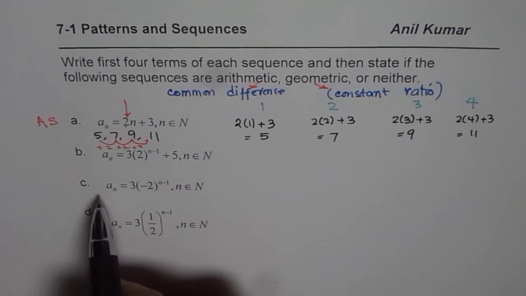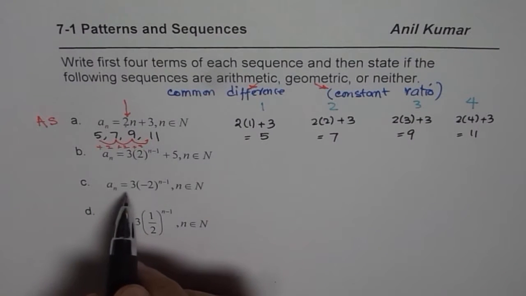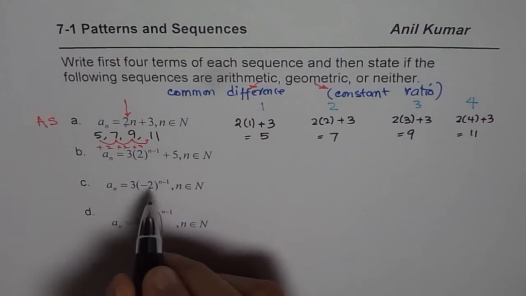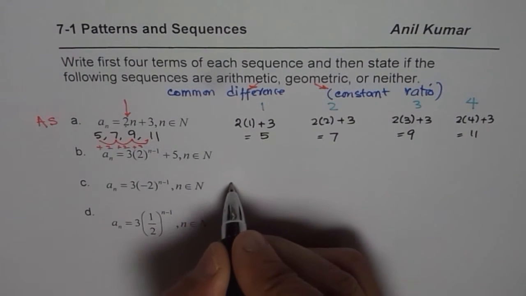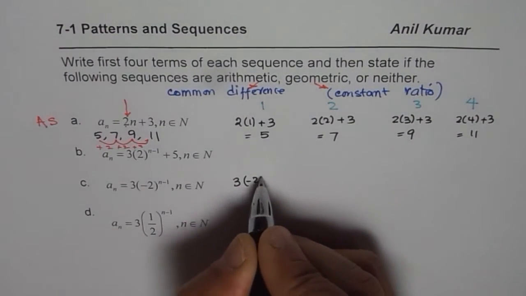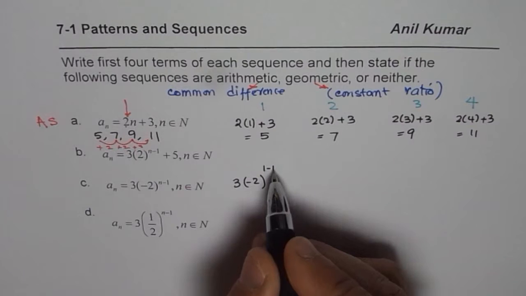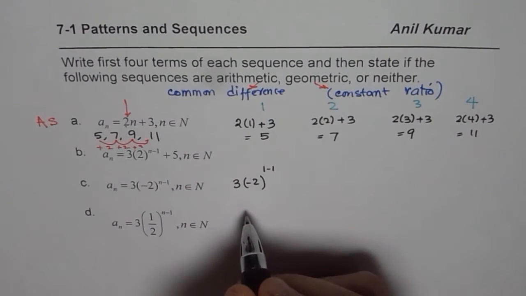Okay. Now in C, each term is getting multiplied by a factor. So you expect a geometric sequence there. Let us see whether it is or it is not. So the first term will be when n is 1. So we can write this as 3 times (minus 2) to the power of 1 minus 1. 1 minus 1 is 0. Anything to the power of 0 is 1.